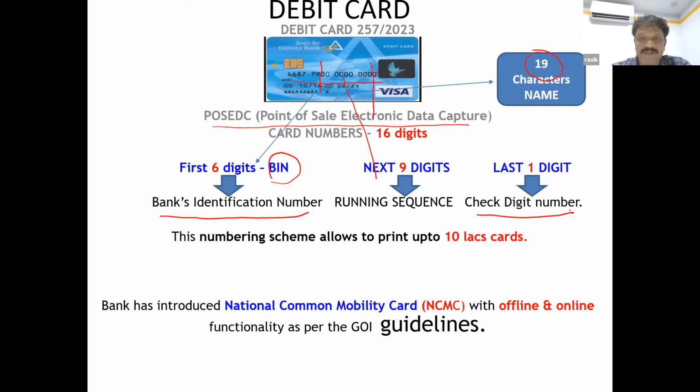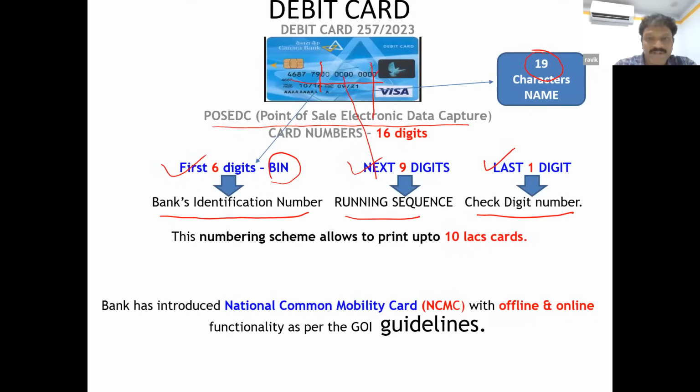So last time he has asked, running sequence number contains how many digits. So we should be very clear on this. Out of these 16 digits, how it was bifurcated. So total 16 digits card will be issued, that everybody knows. But first 6 are BIN. BIN stands for bank's identification number. Next 9 digits are running sequence. Last 1 digit is called as check digit number.